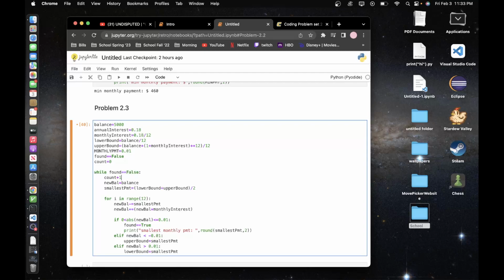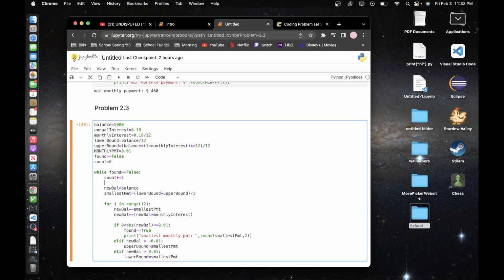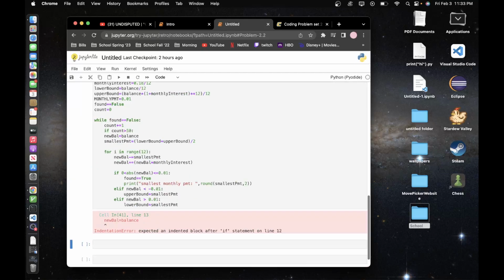Updating the count variable each time, and if the count is greater than, let's say 50, we're breaking.